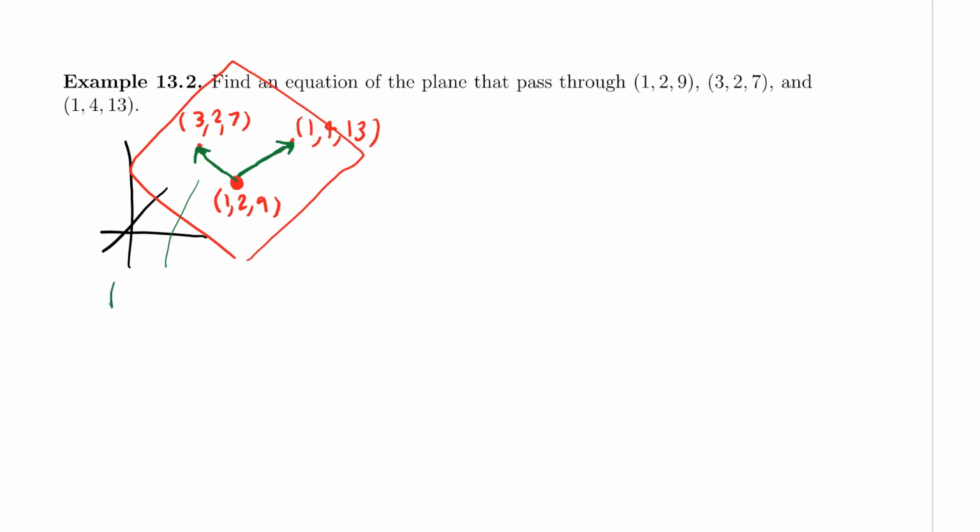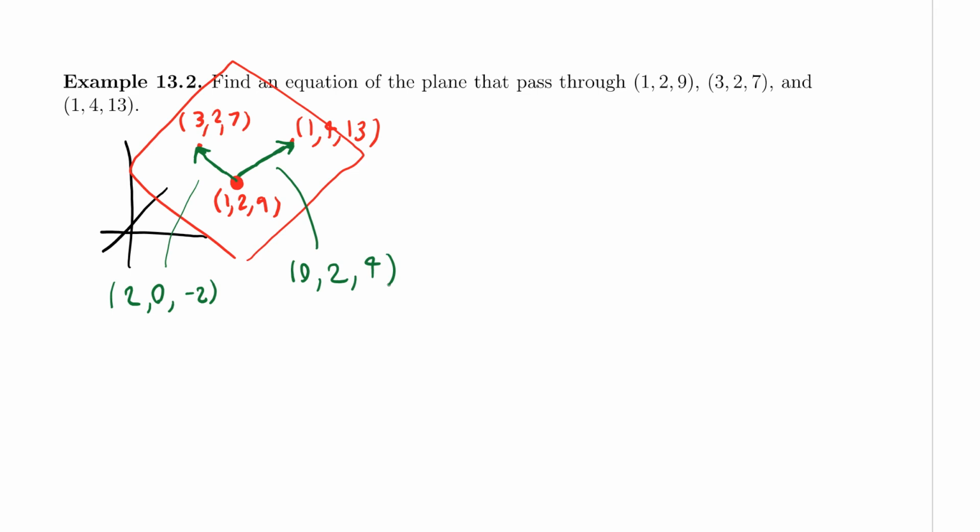So what are the two green vectors? This one is going to be 3 minus 1, so that's a 2; 2 minus 2, that's a 0; and 7 minus 9, that's a negative 2. The other vector is 1 minus 1, which is a 0; 4 minus 2, which is a 2; and 13 minus 9, which is a 4.